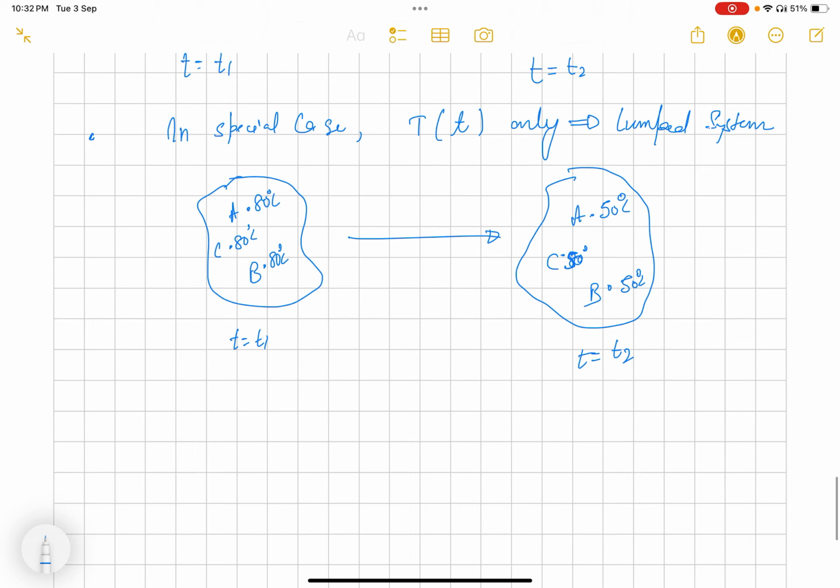So here we can see that there is no variation of temperature inside the body at every location, but there is variation of temperature with time. So this system is called lumped system. So it means that here the material is cooling uniformly. There is no variation of temperature with respect to position.